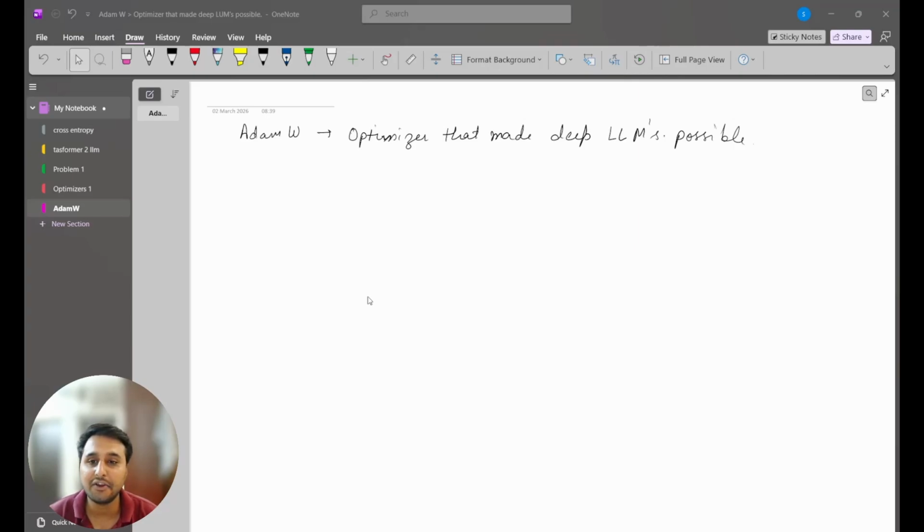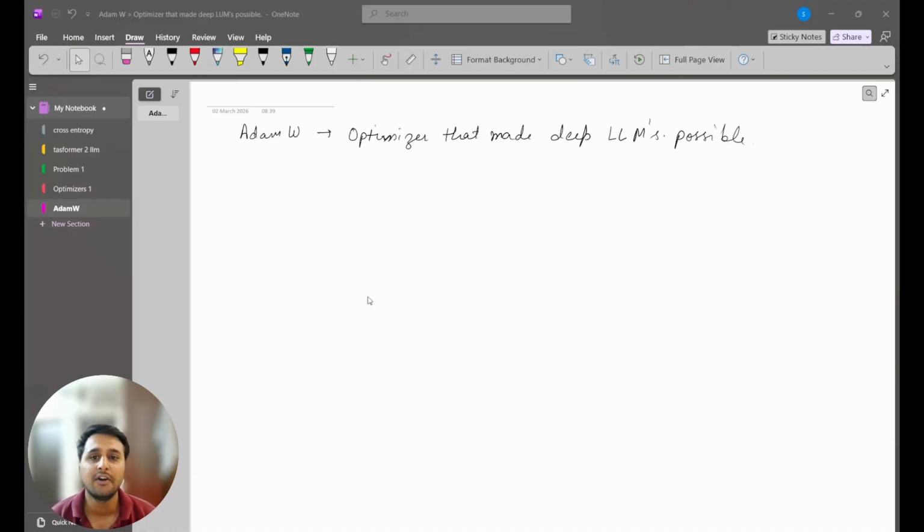The second cure was the introduction of new optimized activation functions. Activation functions basically introduce non-linearity in our deep neural network, so we will talk about the activation function in my next video. And the third cure was pre-normalization, that the layer normalization was in the wrong place in the transformer architecture. We will talk about the pre-normalization in my future videos.